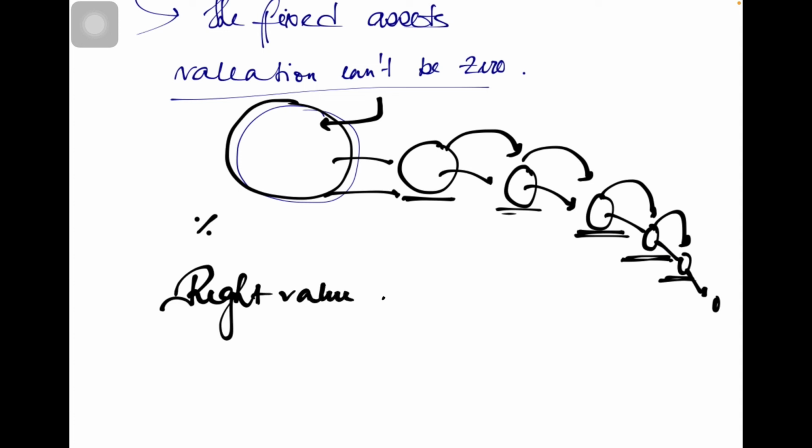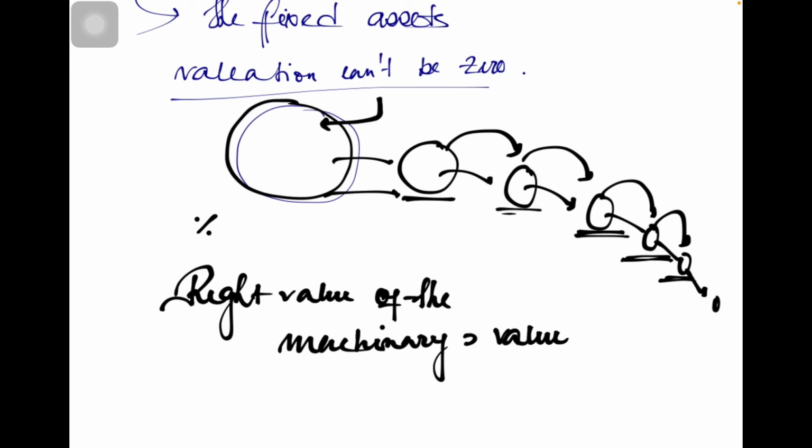Now the question comes, sir, what are you trying to say, right value of the machinery? Is this the wrong value? No, not wrong value. Right value means the actual marketable value of the machine, meaning value of the machine minus depreciation.